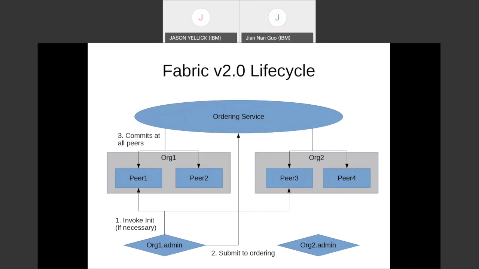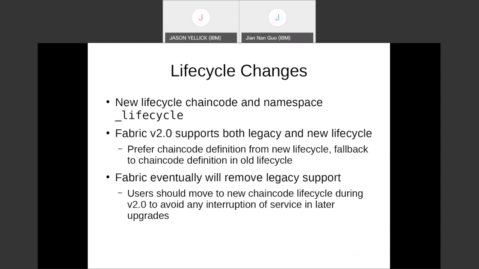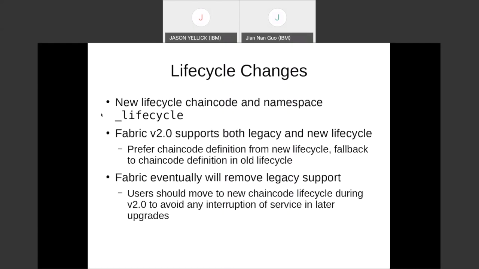And in fact, that's all Fabric does for you when in your definition you require init. So with the new lifecycle, not only are the semantics a little different, we had to pick a new name for lifecycle.